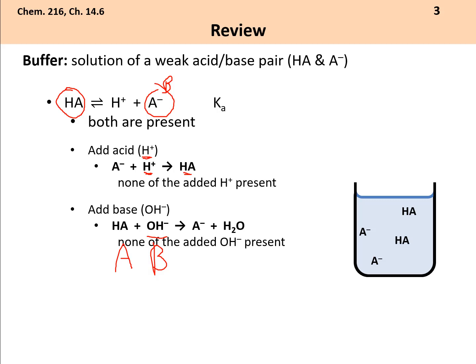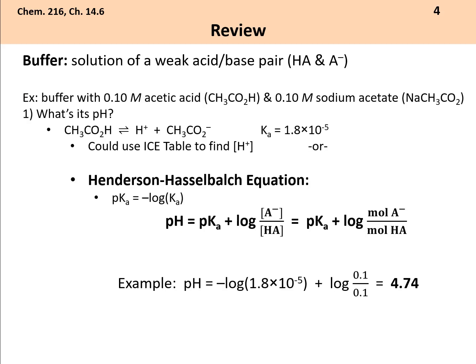So basically, they work with each other to remove any extra added H plus or OH minus. So we went through and we figured out the pH of a buffer based on the moles or molarity of my acid and of my base, and we use the Henderson-Hasselbalch equation. It makes life a lot easier.